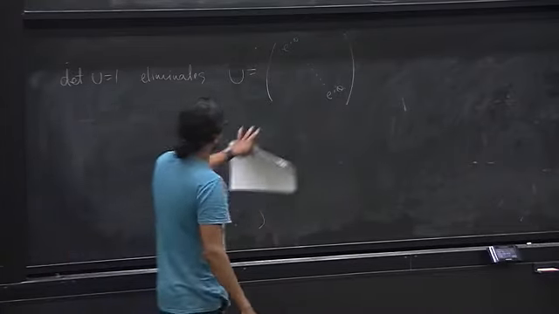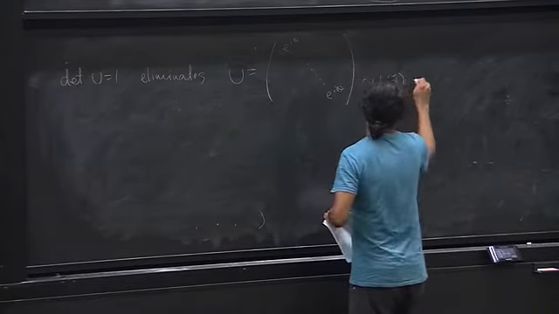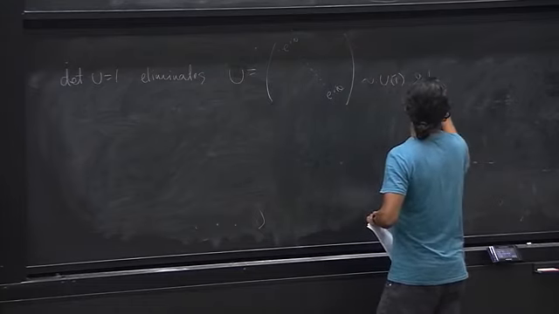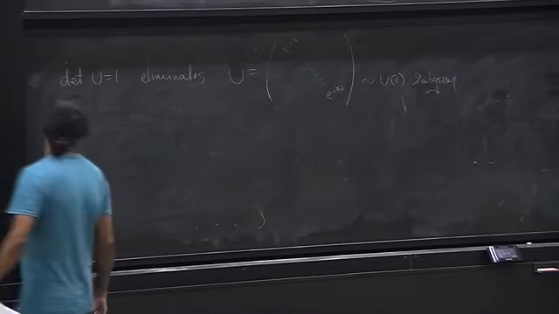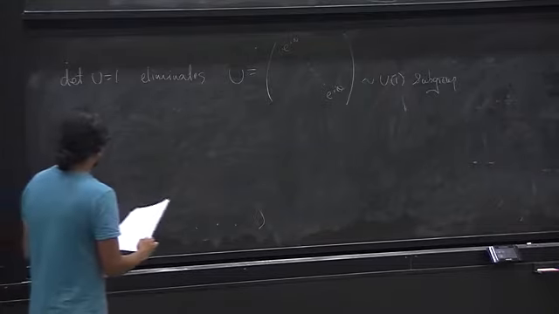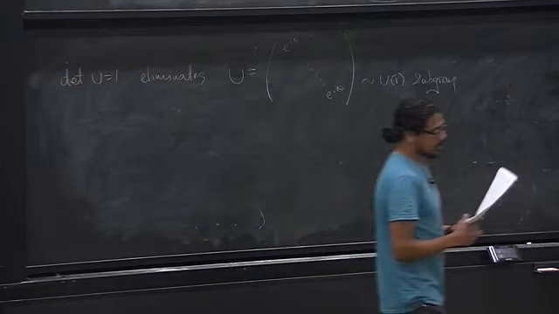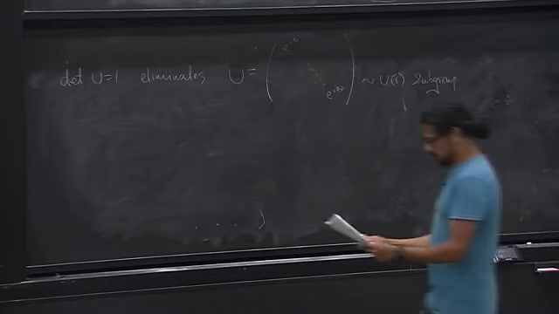These form a U1 subgroup because they're diagonal and they basically commute with all the others. It does not eliminate discrete groups. So this is an example of an abelian normal subgroup, right? We can still have discrete groups.